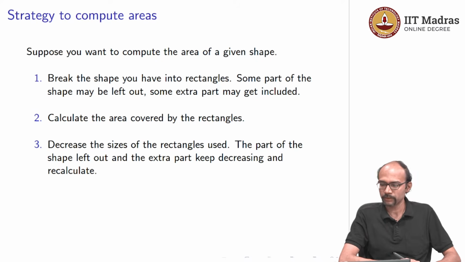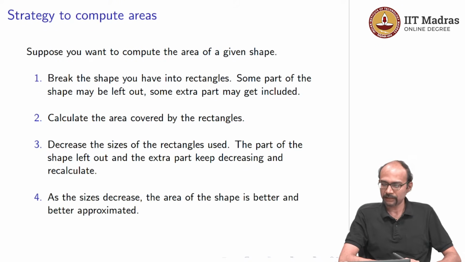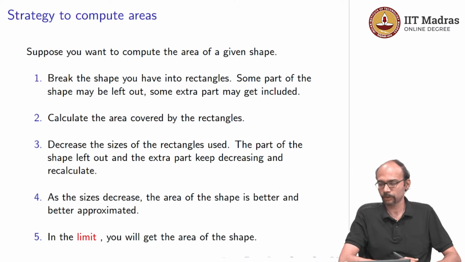The part of the shape that gets left out and the extra part that is added in keep decreasing because you are taking smaller and smaller rectangles, so you can approximate your shape better. Each time you do this, you recalculate the area, and as the sizes decrease, the area of the shape is better and better approximated. So in the limit you will get the area of the shape.